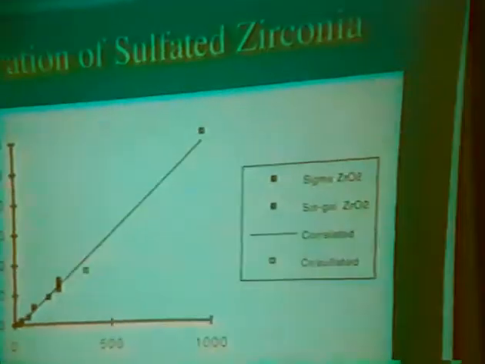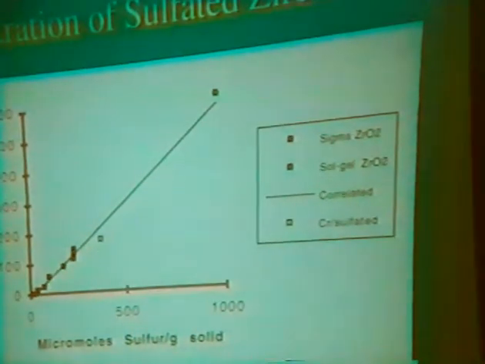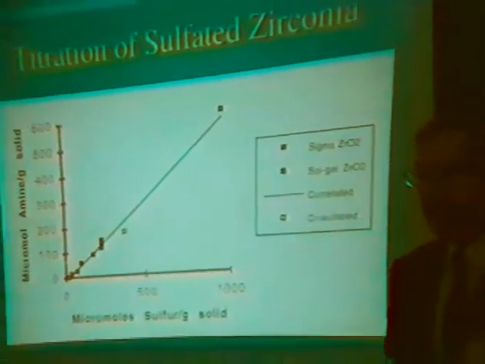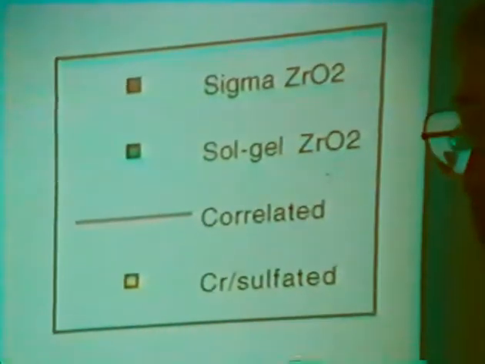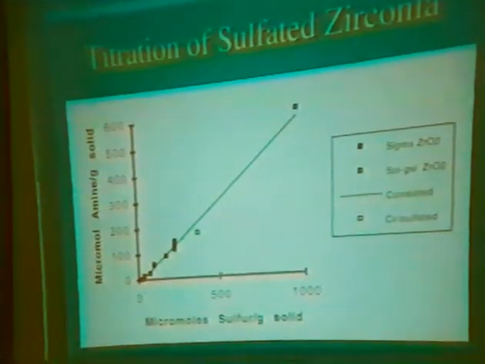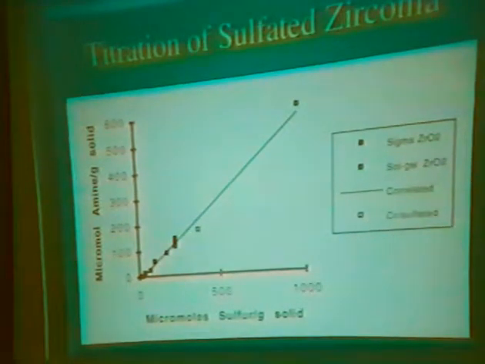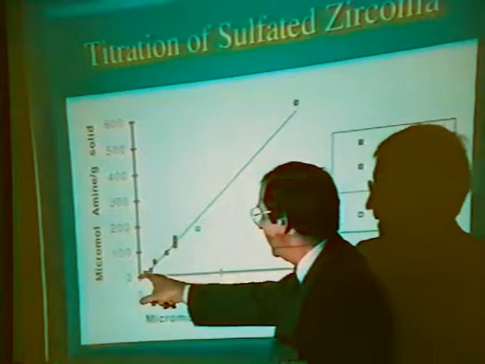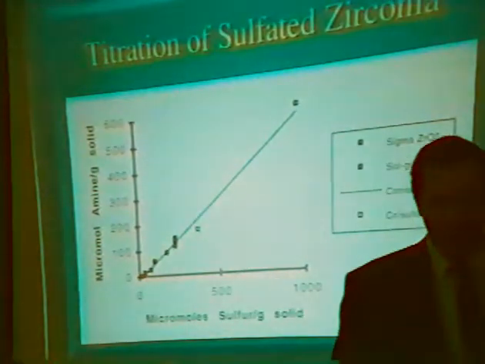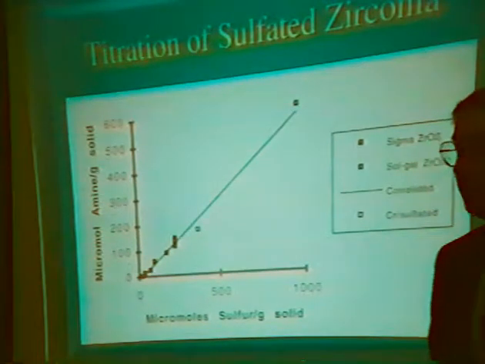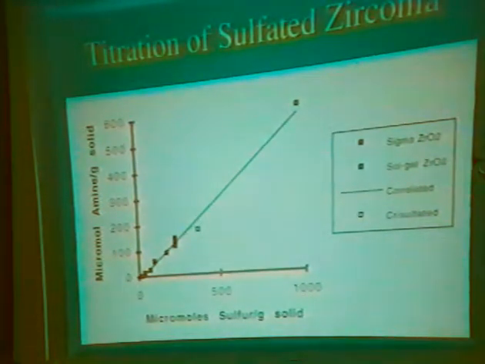A number of catalyst samples have been summarized on this sheet. On the abscissa is the sulfur loading determined by Galbraith and returned to us. And on the ordinate is the number we would calculate for the micromoles of amine that reacted per gram of solid. First, I want to direct your attention to the series of catalysts developed by soaking zirconium oxide in sulfuric acid to develop different sulfur loadings, which is indicated on the abscissa.